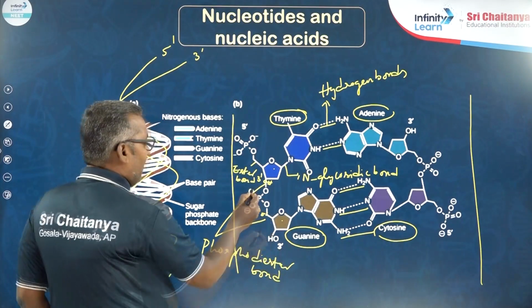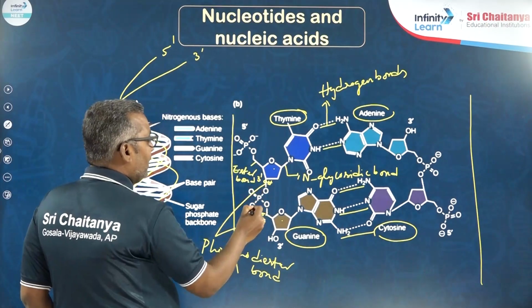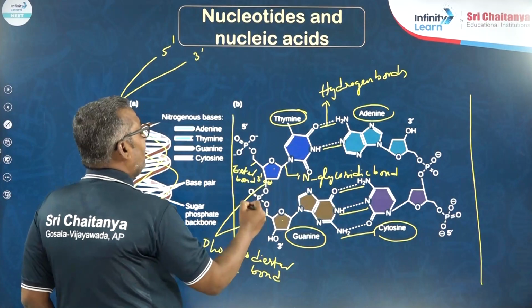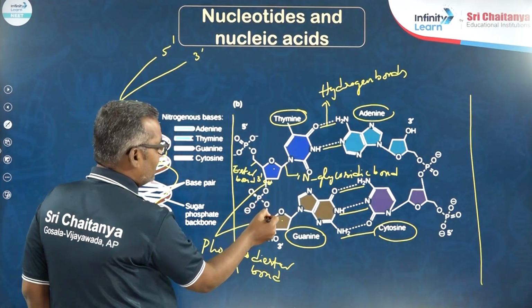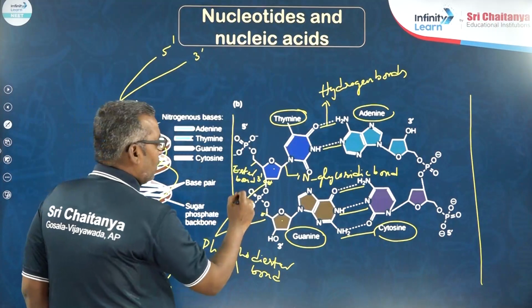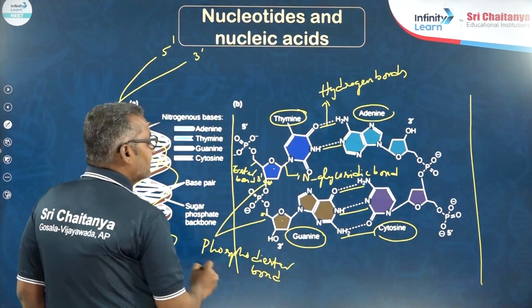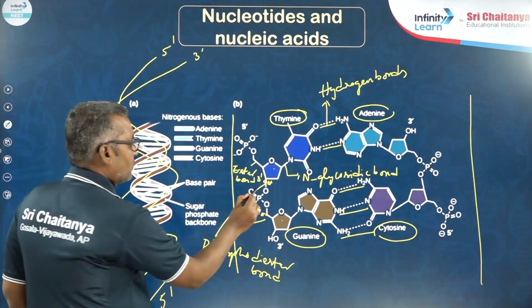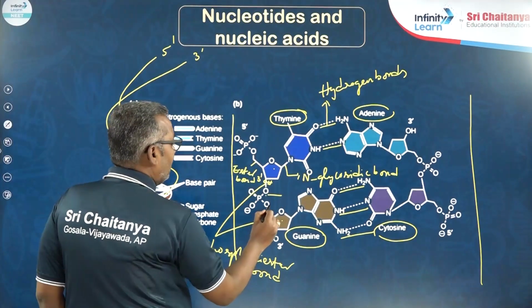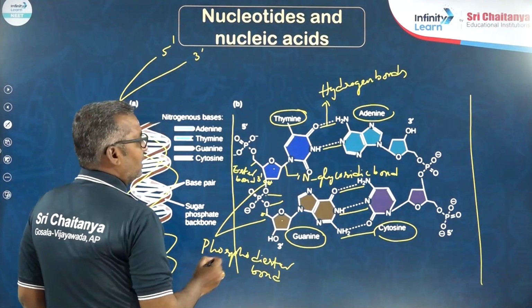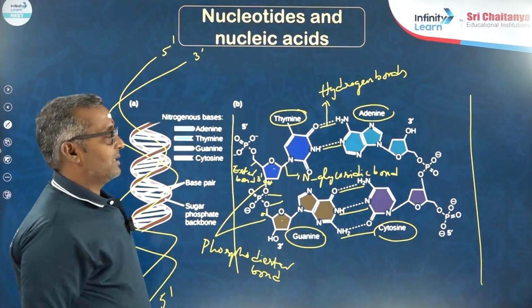That means phosphate is having 2 ester bonds on either side, one towards one side and the other towards the other side. As there are 2 ester bonds on either side of the phosphate, this is called phosphodiester bond. This is one phosphoester bond and this is another phosphoester bond, together called phosphodiester bond.